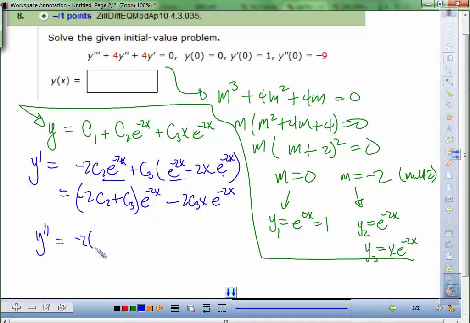We'll throw another -2 out there. -2 c2 plus c3 times e to the -2x, minus, I'm going to need more space here, 2c3, and then the derivative of this thing, which is what we found earlier, e to the -2x minus 2x e to the -2x. We could try to simplify this a little bit more, but I'll just stop here, and then we'll plug in the initial conditions and see what we get.